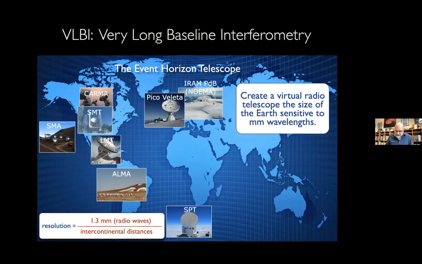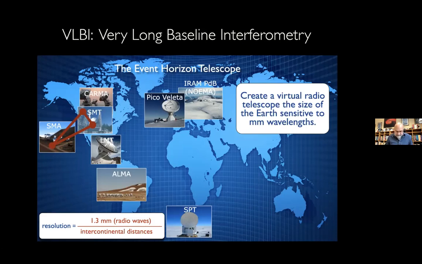And there is one in France, NOEMA, which is very useful. And then you can put in an interferometric pattern a telescope, say at Hawaii, and one in Arizona. And so you can have a telescope which is, at least in principle, as large as the distance between Hawaii and Arizona, which is 3,000 kilometers or so.